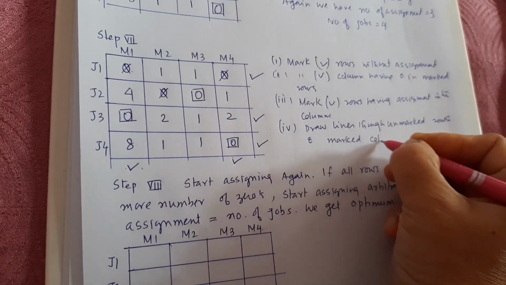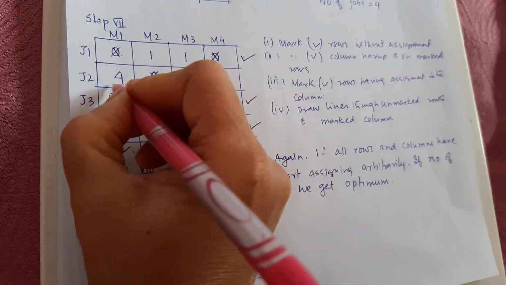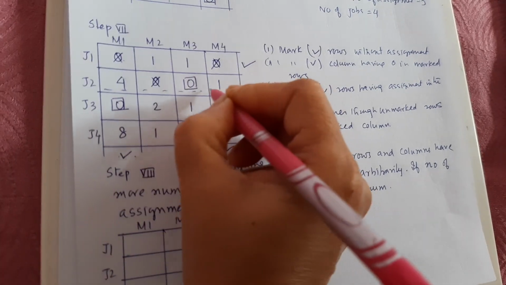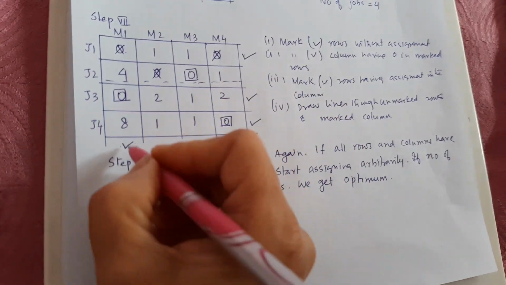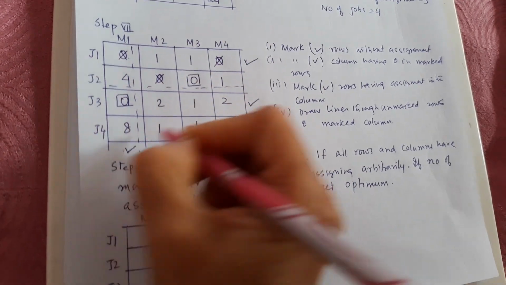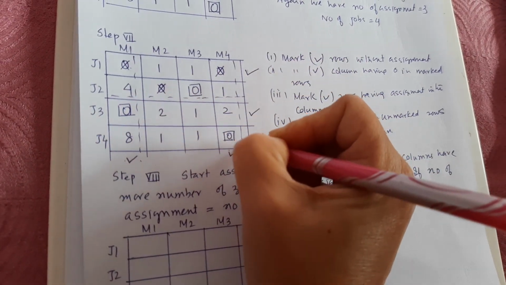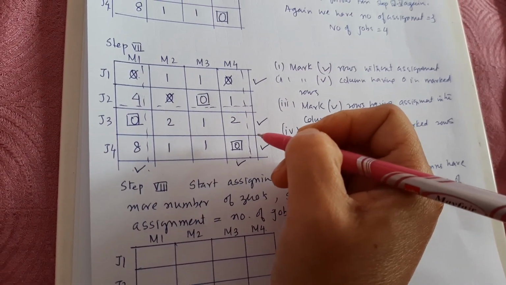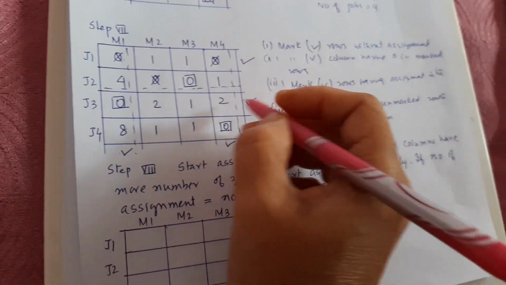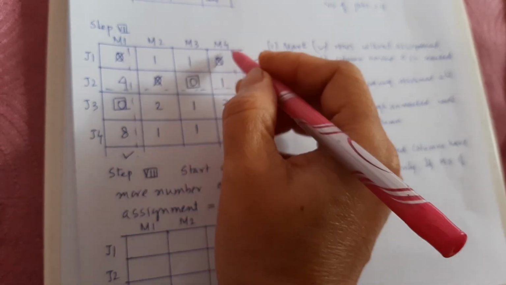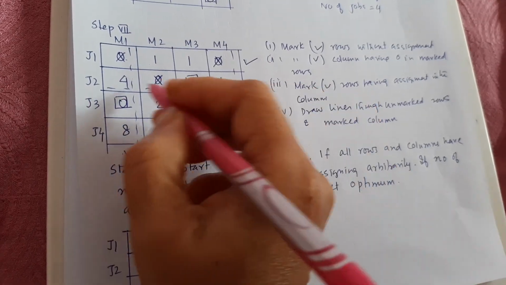Okay. So here the unmarked row is this one. So I am just putting a dotted line here, and there is no more unmarked row, but the marked columns are 1 and 2 here, marked column 2. Okay. Marked column 2, unmarked column. Okay. So you get, see, 1 2 3.